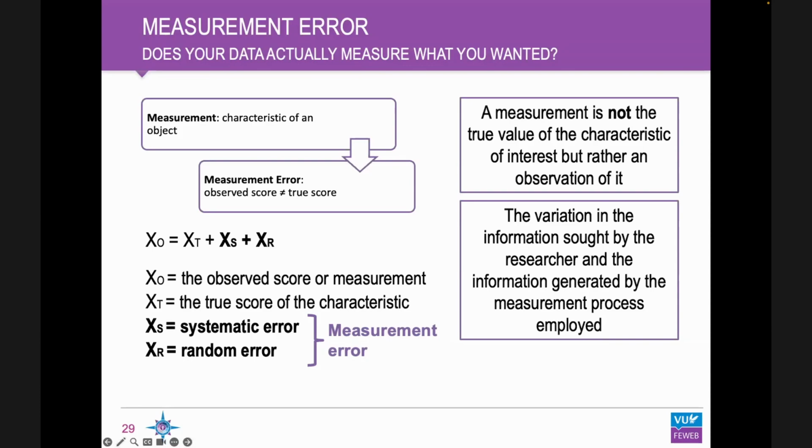And this means that our measurements should be clean from some types of measurement errors. When you do research, you care a lot about the accuracy of your measurement, but the measurement is not the true value, it's just an observation.